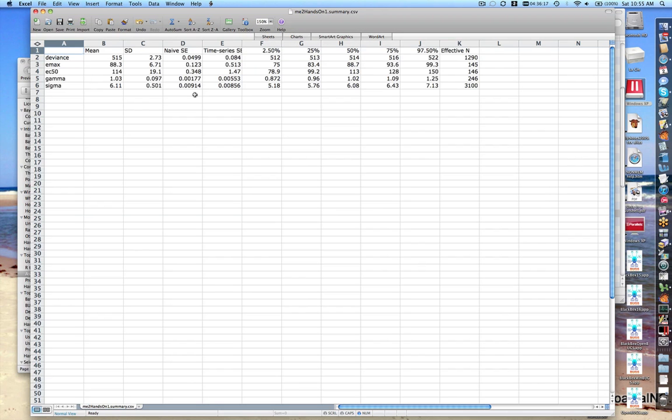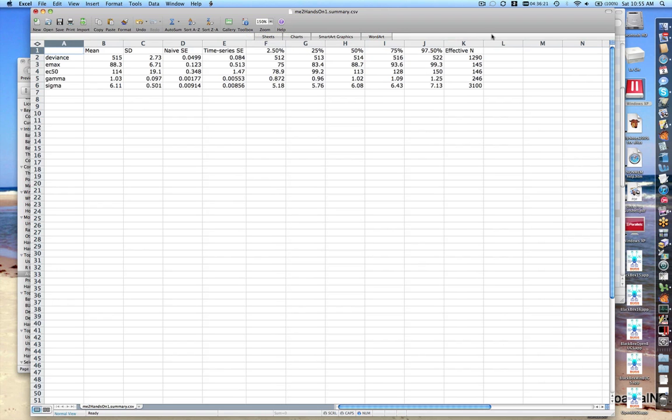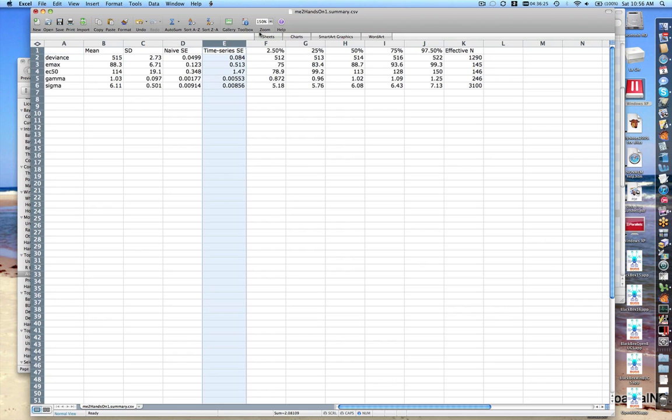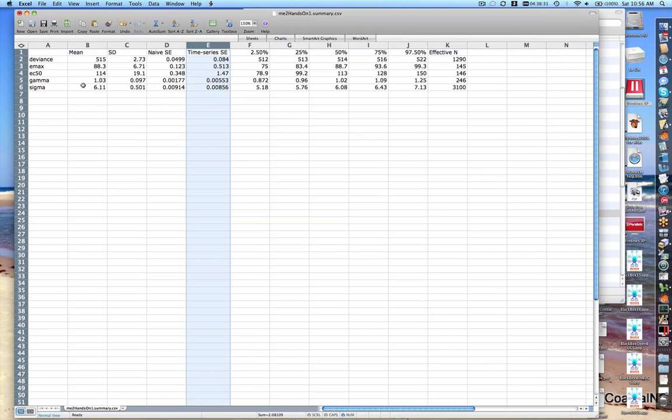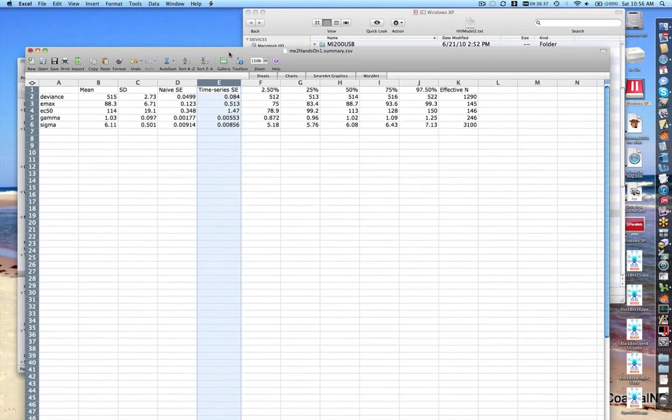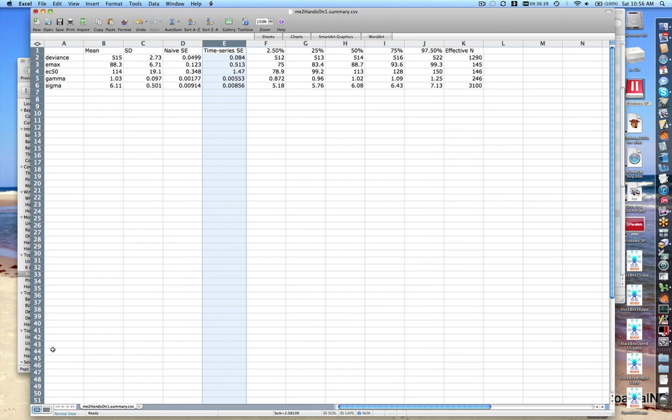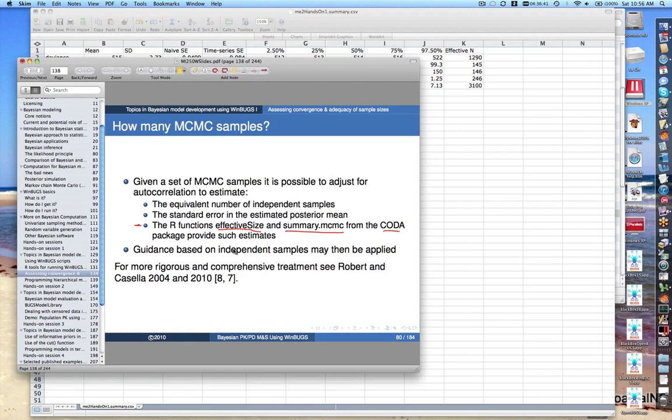Okay, so when I produce these tables with parameter plot table, there's a couple of columns here of interest. This thing that's called time series SE, that's the standard error in the posterior mean estimate, adjusted for autocorrelation, and that's the thing that comes out of the summary.mcmc run.